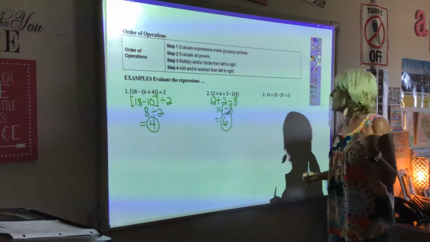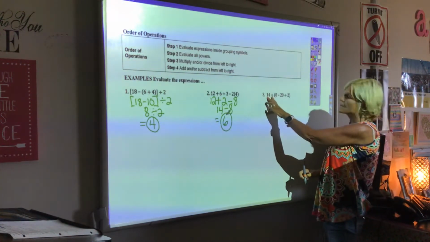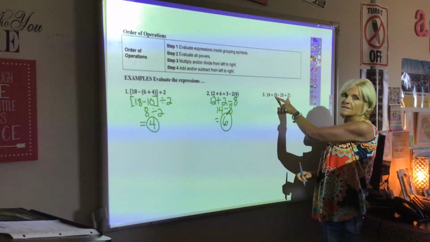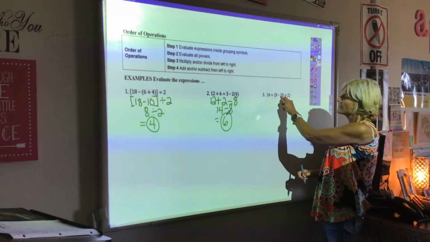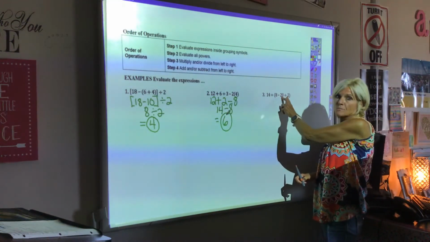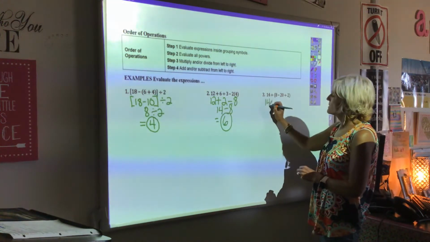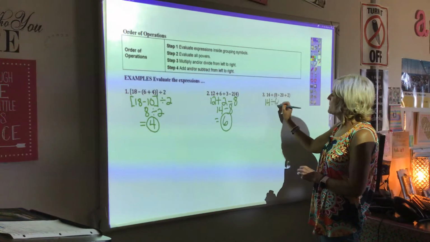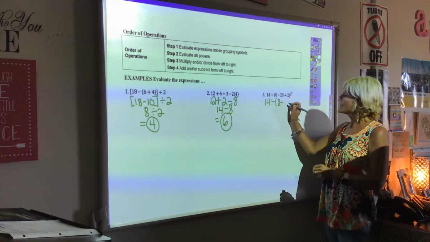Okay? On the third one, in here we've got division, but we also have a parenthesis, and within the parenthesis we've got subtraction and division. So we always want to do the division part first. So I'll rewrite the beginning, 14 divided by 8 minus 20 divided by 2 is 10.